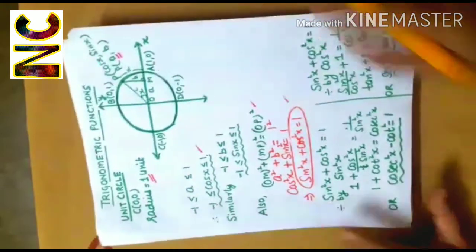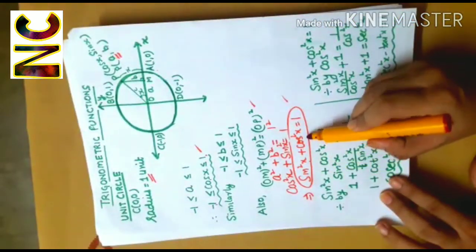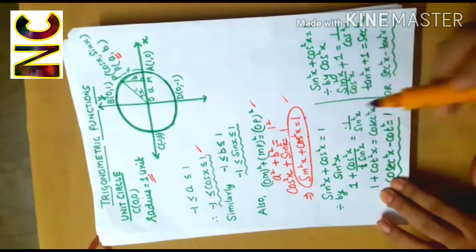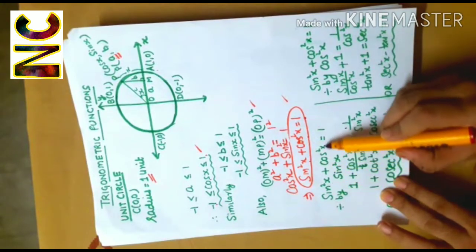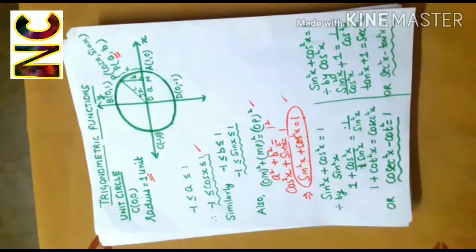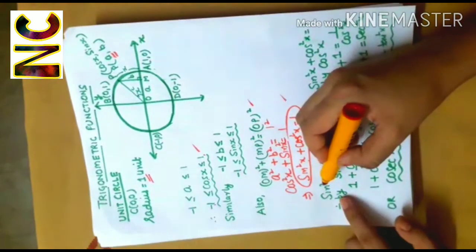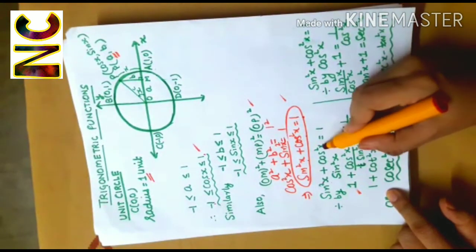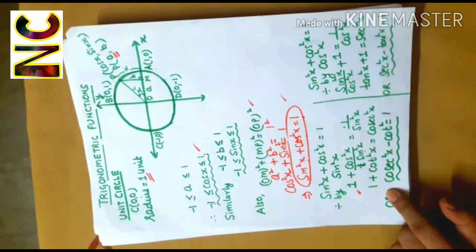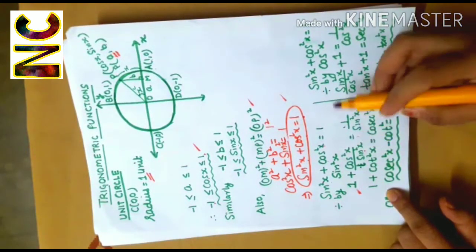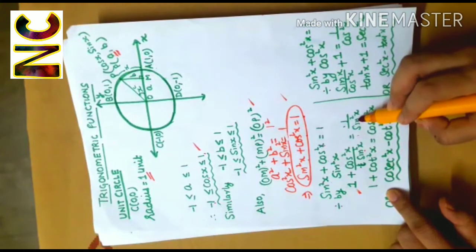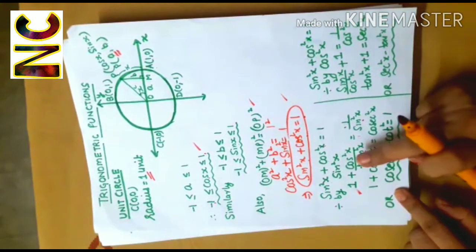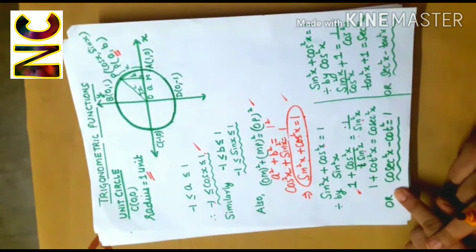Now, sin square x plus cos square x is equal to 1. If I divide both sides by sin square x, sin square x over sin square x will give you 1. Cos square x over sin square x, this is equal to 1 over sin square x. We know that cos x over sin x is cot x.